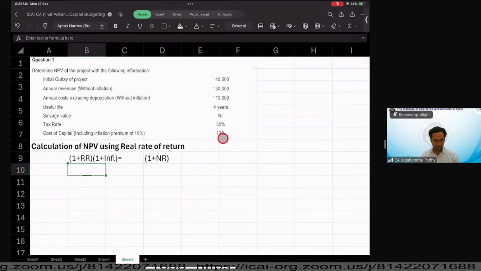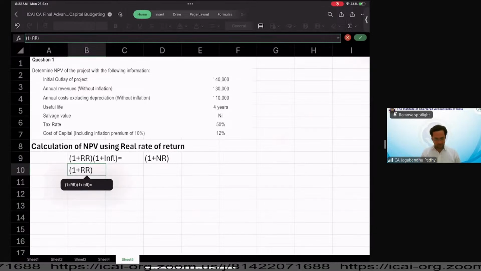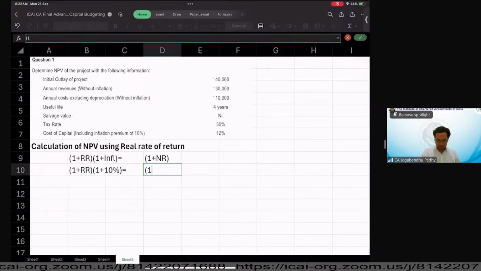You know the cost of capital, which is the nominal rate, is 12%, and 10% is the inflation rate. So just substitute over here. This will be your equation: 1 plus the real rate multiplied by 1 plus the inflation rate, inflation rate is 10%, should be equal to 1 plus 12%.